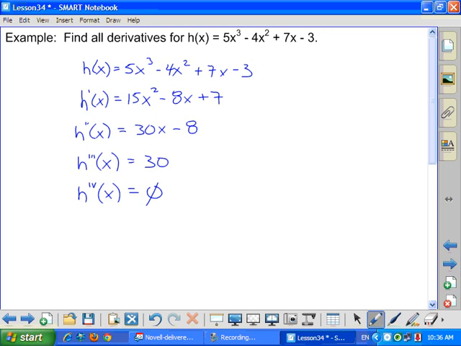Now, I will point out, and some of you might be thinking, how often do I have to do this? This only works for polynomials. Okay? You can only find all derivatives for polynomials.